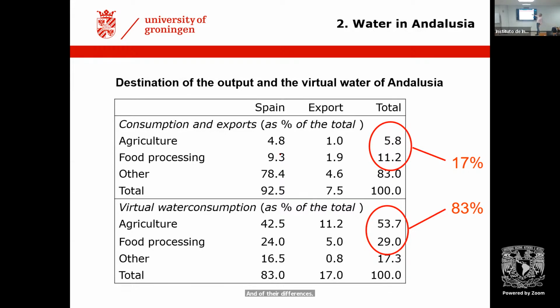Observe that agriculture and food processing are good for 17% of the final demands, the final products. But these 17% are responsible for 83% of the water use.